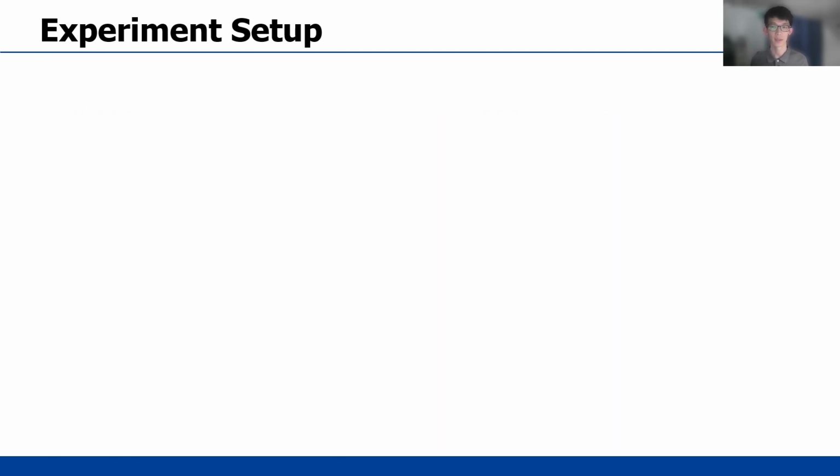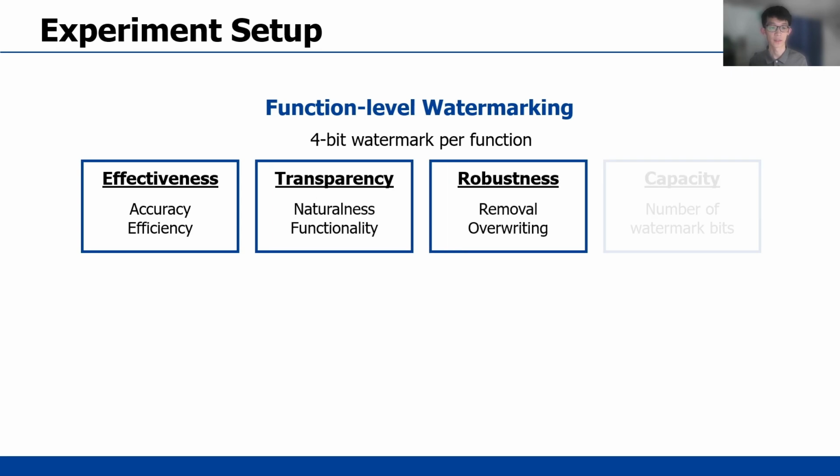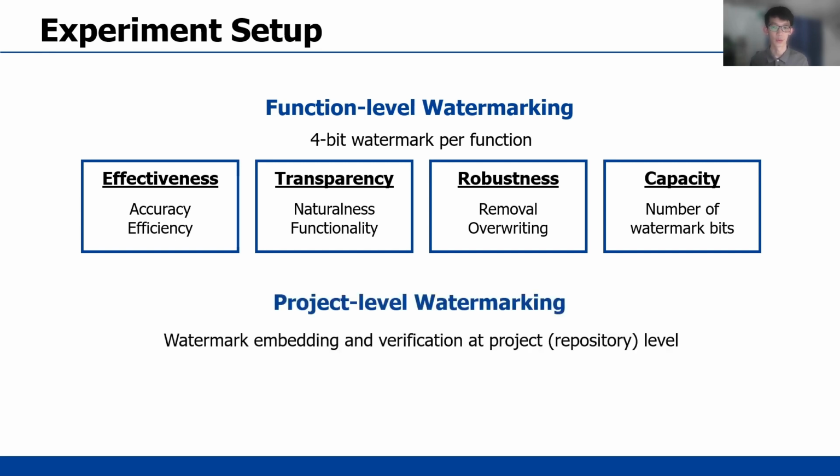Our evaluation mainly focuses on function-level watermarking, where we embed a 4-bit watermark into a function. Here we mainly consider the effectiveness, transparency, robustness, and capacity of our system. Additionally, we also consider a more practical project-level watermarking scheme, where we aim to protect an entire source code repository.